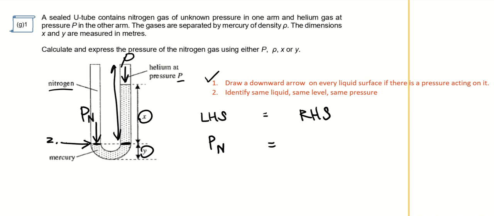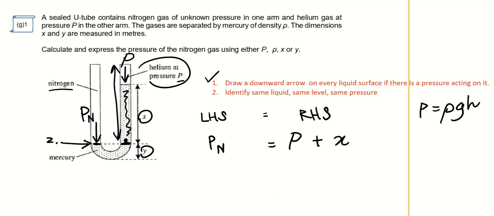Imagine you're at this point on the right: what is the pressure due to? It's due to the pressure exerted by the helium, plus the amount of mercury on top of this point. The height of the mercury is X, so we use pressure equals rho g h in our calculation.